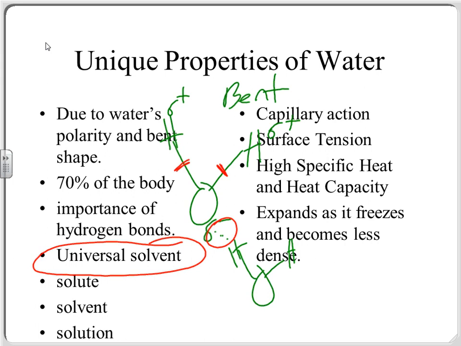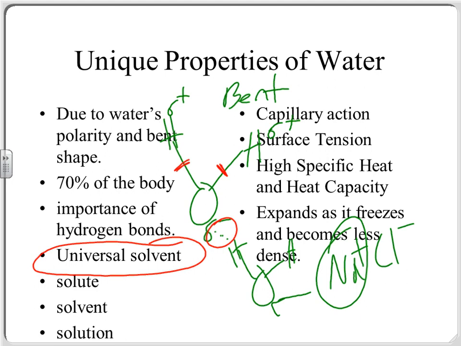And the reason it's so good is that if you put something with a charge, like a salt, we know salts are like that, right? They've got ions in them. What happens when this sodium gets near an oxygen in the water molecule? What's that oxygen going to do to that sodium? What do we know that oxygen has on it? Negative charge.